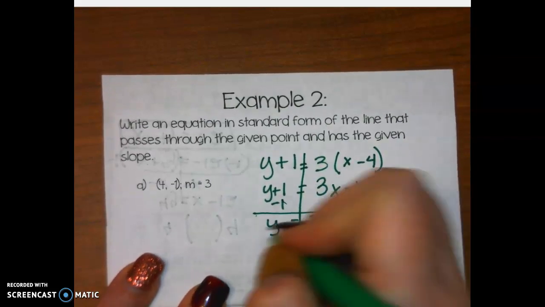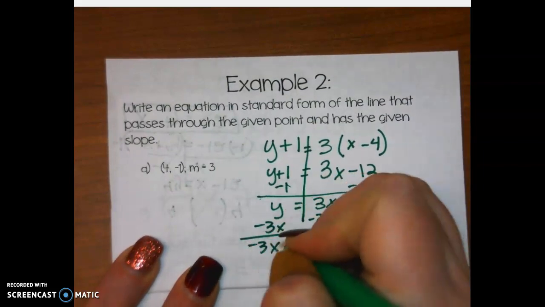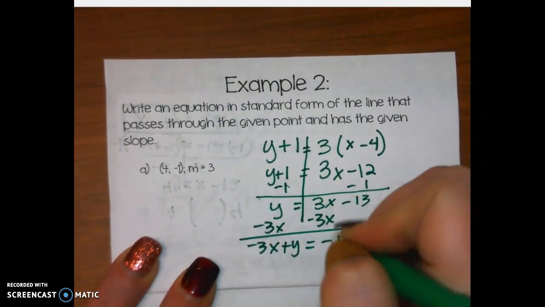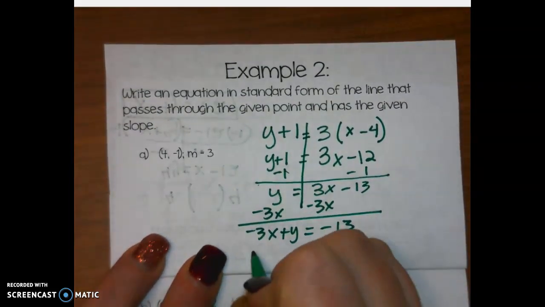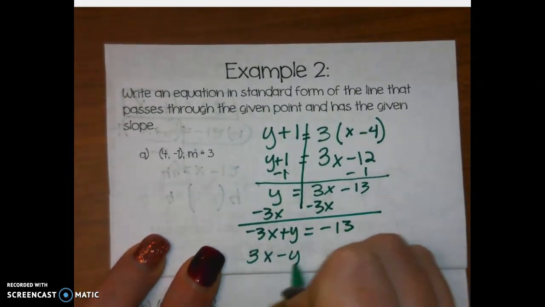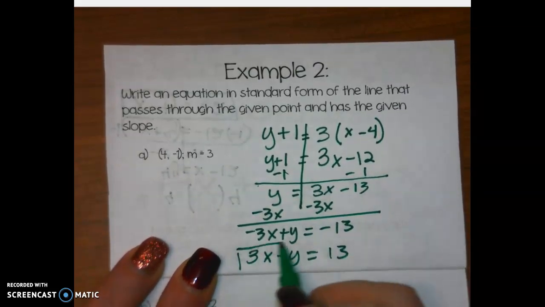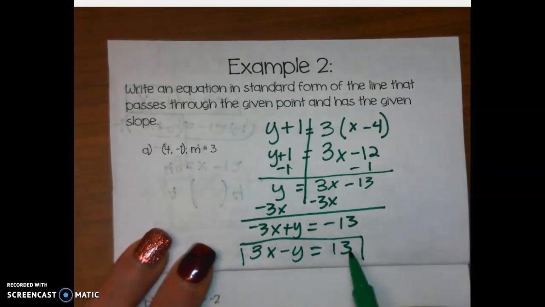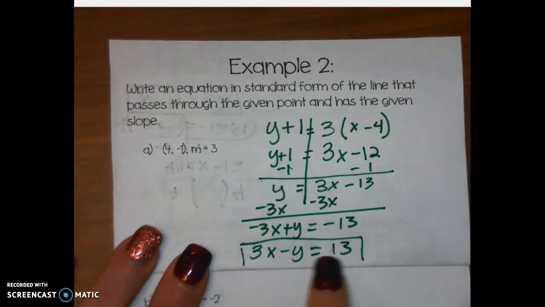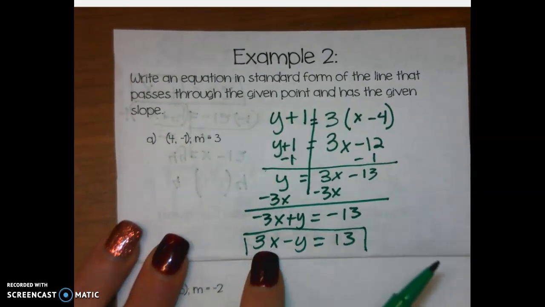Minus 3x, minus 3x. Negative 3x plus y equals negative 13. It's negative again. So we're going to make it 3x minus y equals 13. Again, you've got x, y, and 13. No fractions, no decimals, and your term in front of x is positive.